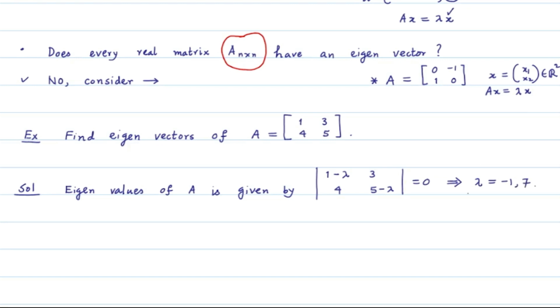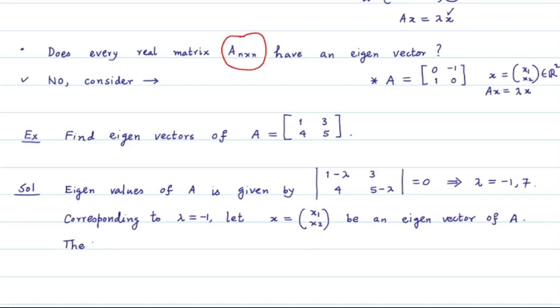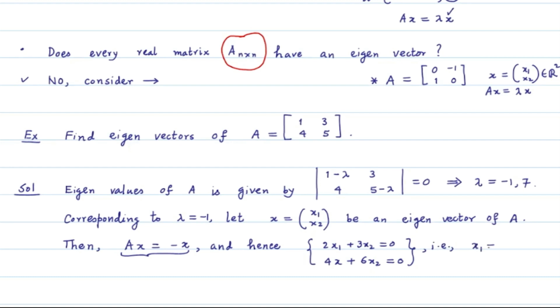Now corresponding to this lambda equals minus 1, let us suppose x is equal to (x1, x2) is an eigenvector of the matrix capital A. Then evidently by the definition of eigenvector, we must have Ax is equal to lambda x, which is minus x, and hence this equation gives us this system of equations, which is further giving us x1 is equal to minus 3 by 2 x2, and hence this eigenvector x is given by x2 times (minus 3 by 2, 1), where x2 is a non-zero real number.